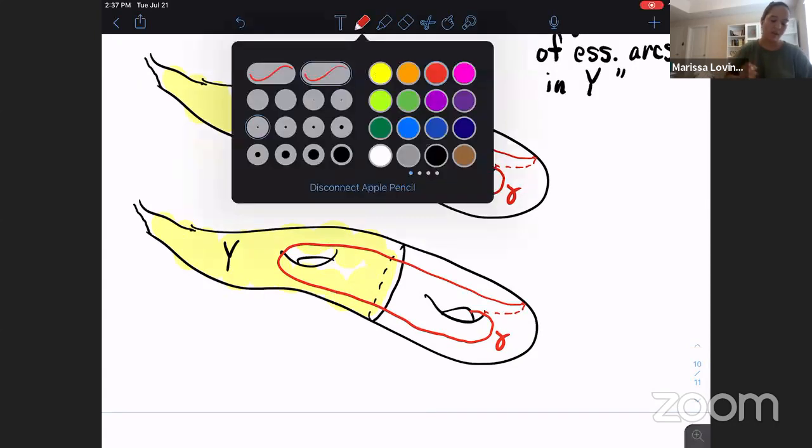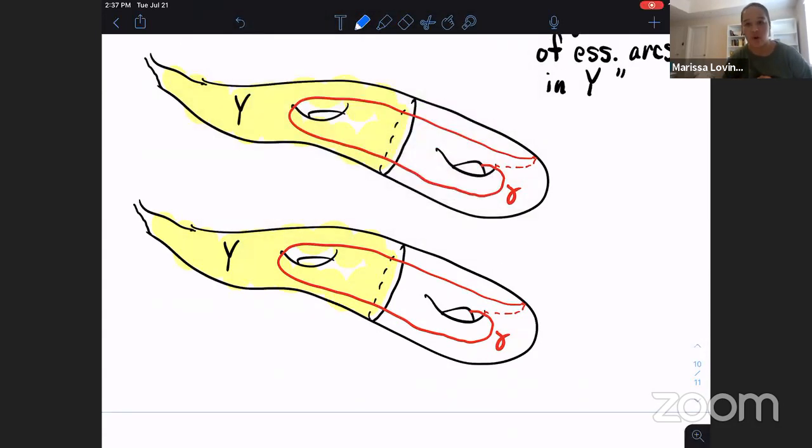So what I want to do for this projection to define it is I'm going to take a regular neighborhood of this collection of arcs in my subsurface Y. So what do I mean by that? So here's one boundary of my neighborhood. And here's the other boundary of my neighborhood.